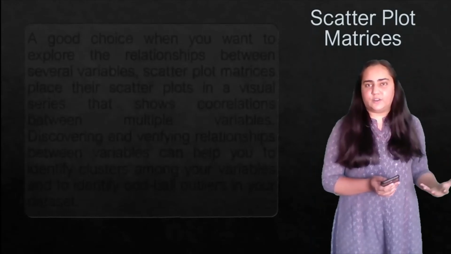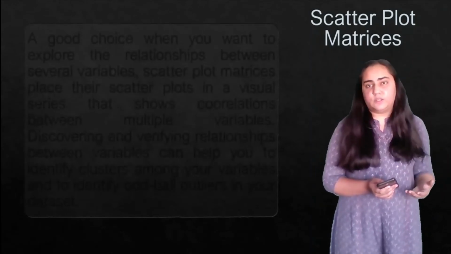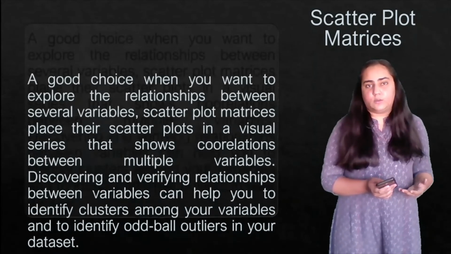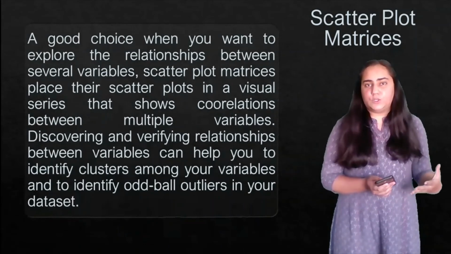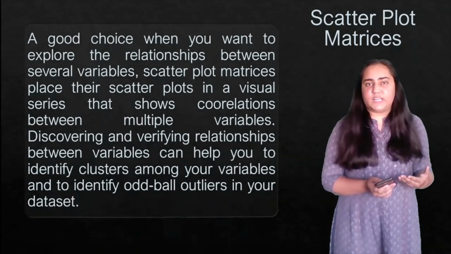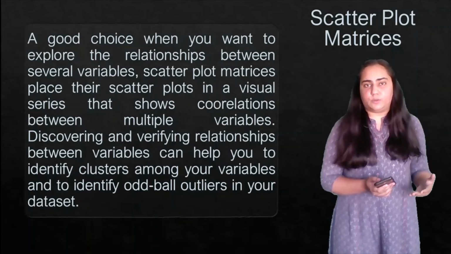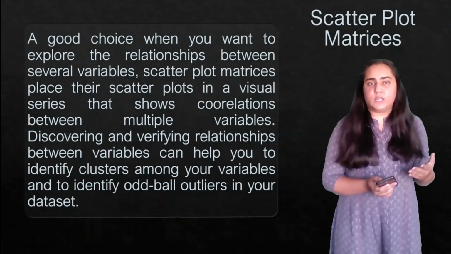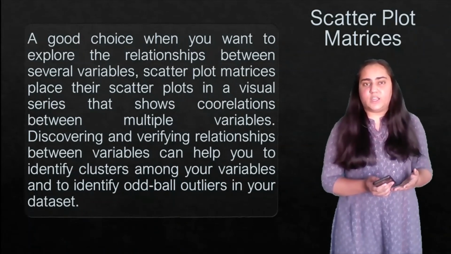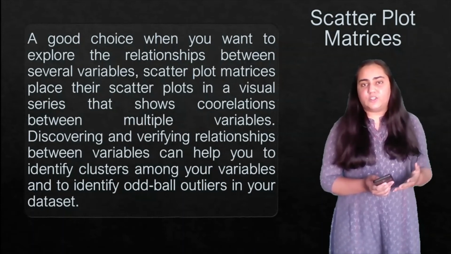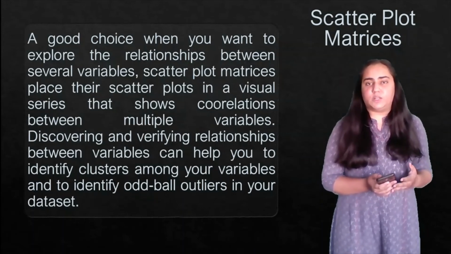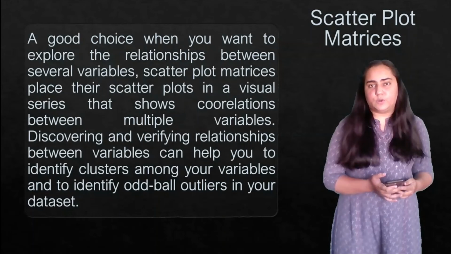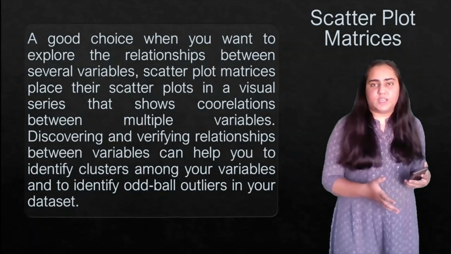Now, just like scatter plots, there are also scatter plot matrices. And a good choice when you want to explore the relationships between several variables, scatterplot matrices place their scatter plots in a visual series that shows correlations between multiple variables. So these are not just simple scatter plots.